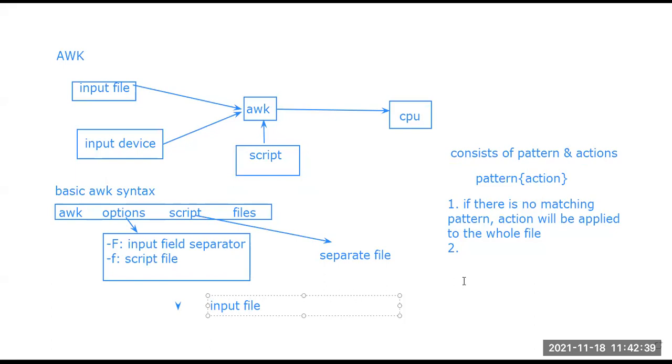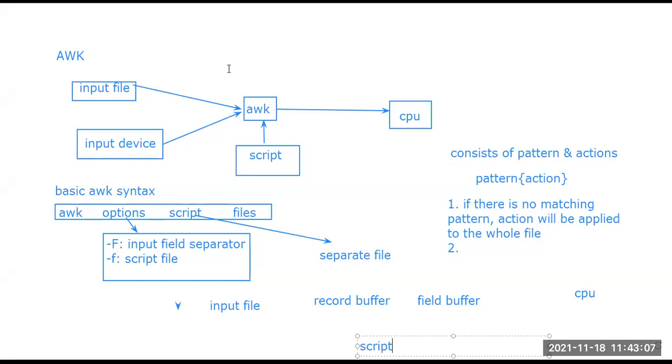One is called a record buffer, and another one is called a field buffer. Record buffer and field buffer are present in AWK, and then a particular part of the CPU works with the script.